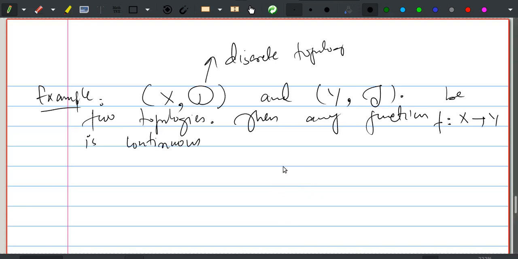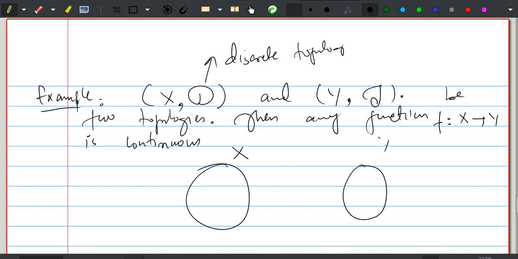because, so this is set X here, this is set Y here. So if we prove an inverse image of any open set in Y is open in X, then we are done.